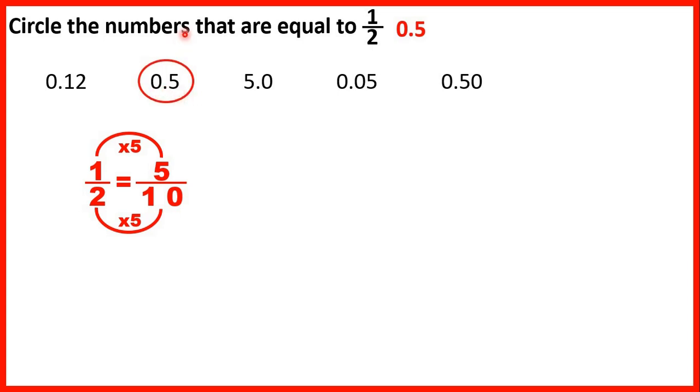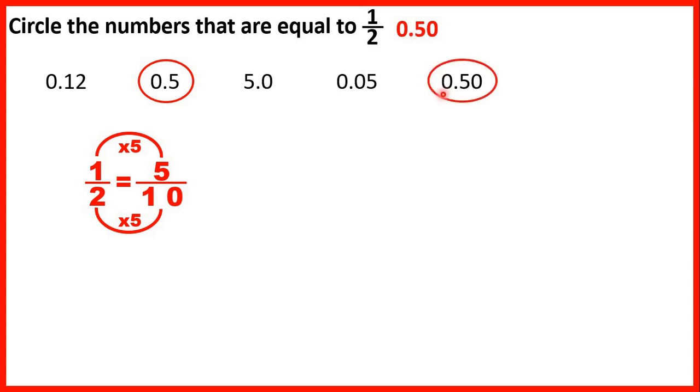But remember, it said circle the numbers, so there must be another number that is equal to 1/2. Remember, we can put zeros on the end of decimals without changing them, so 0.5 is the same as 0.50, because all this 0 in our hundredths place tells us is that we don't have any extra hundredths.